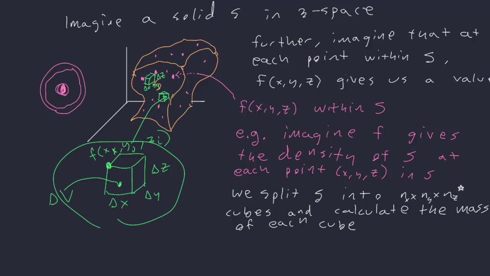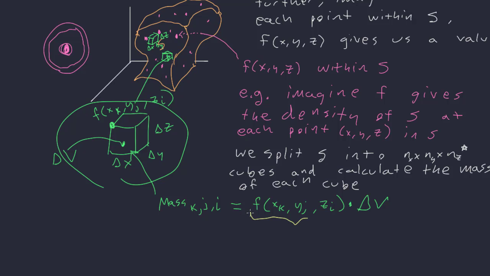So the mass of this cube, I'll call that m sub kji, is going to be the density, which is F, times the volume of the cube. Mass is density times the volume, and in this case it's going to be delta V. So this gives us the density, this gives us the volume.